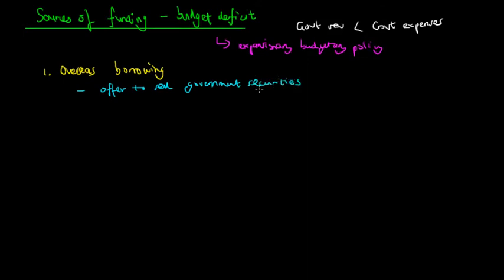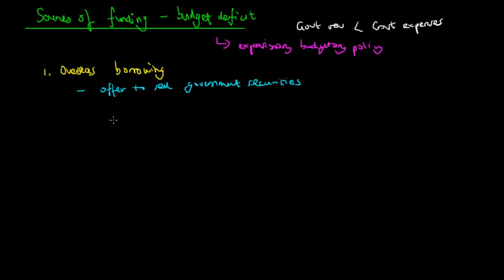Because investors overseas want to invest and gain a rate of return, they could offer government securities to sell in return for money. And the funds that they generate from selling these securities, they can then use to fund the government budget deficit.